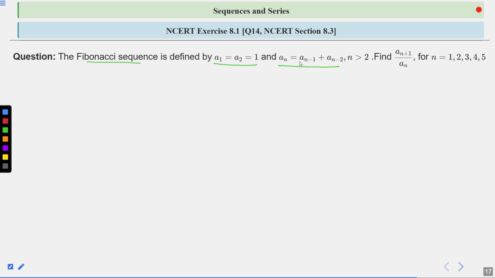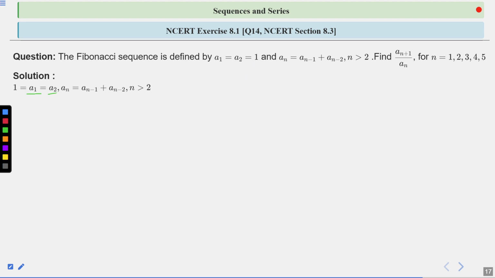So An is equal to, the nth position term is simply given by adding just the 2 previous terms, An minus 1 and An minus 2. Now using this, find An plus 1 divided by An for n values 1, 2, 3, 4, 5. Simple. Solution.